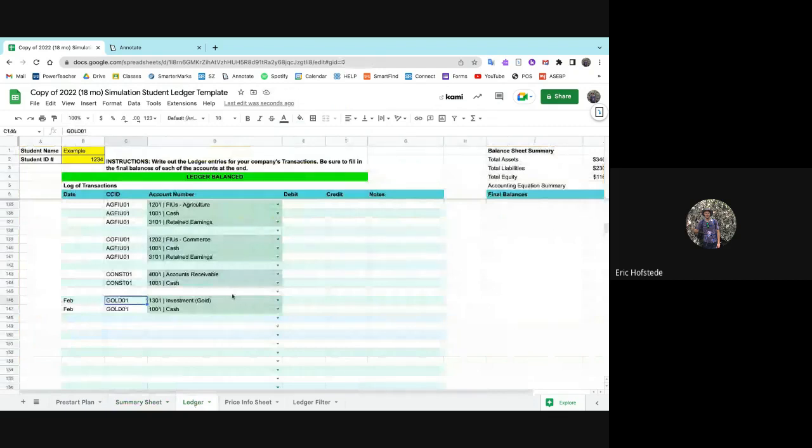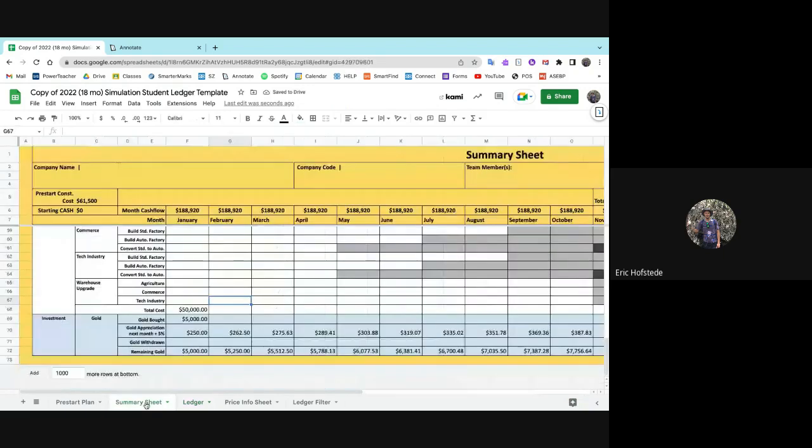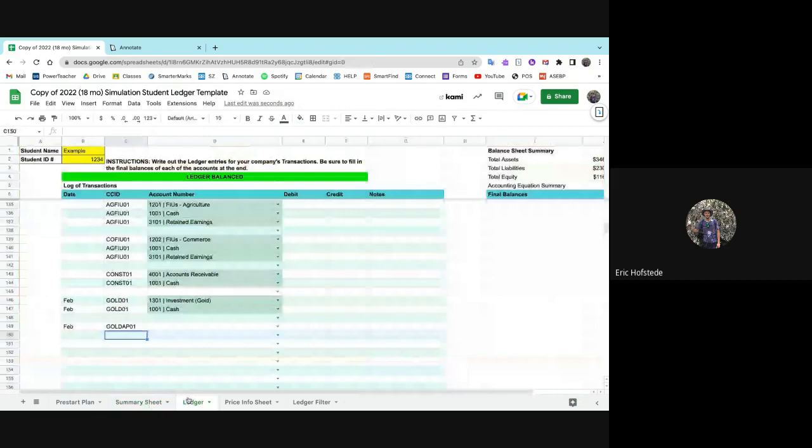So maybe you leave this one empty and blank, but then you go and you get your gold appreciation. And this gold appreciation will need to be included in every month that you have some gold that's gaining interest. Even if you aren't investing new gold, like I hypothetically didn't invest in February, on February's ledger, I still actually want to track this gold appreciation.